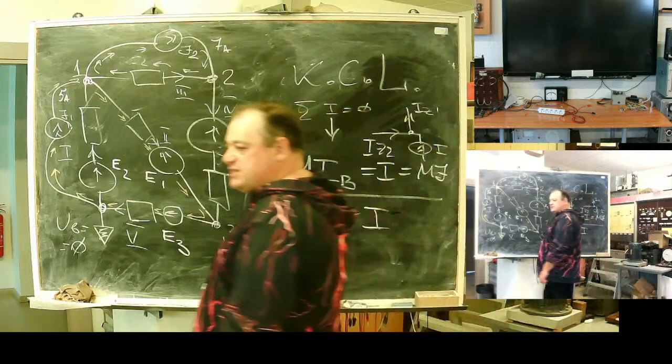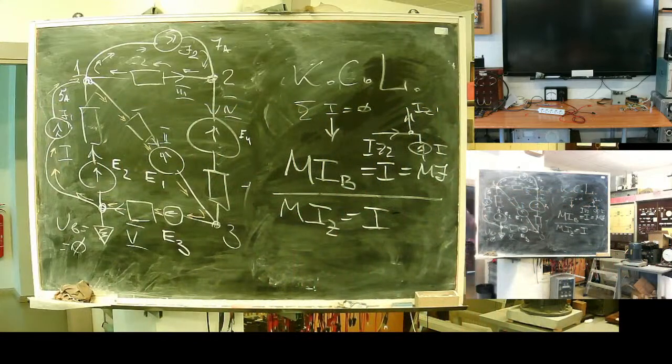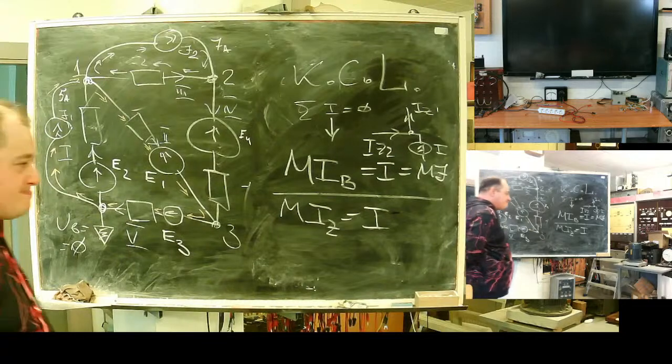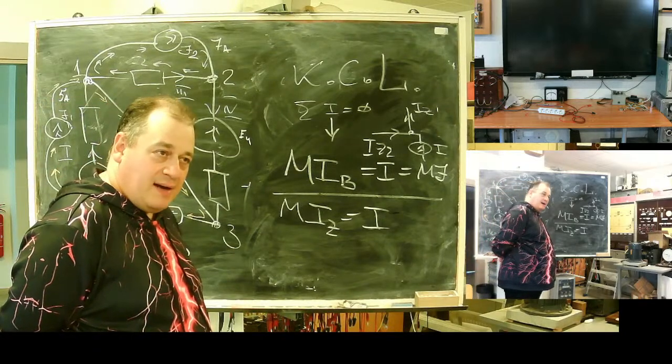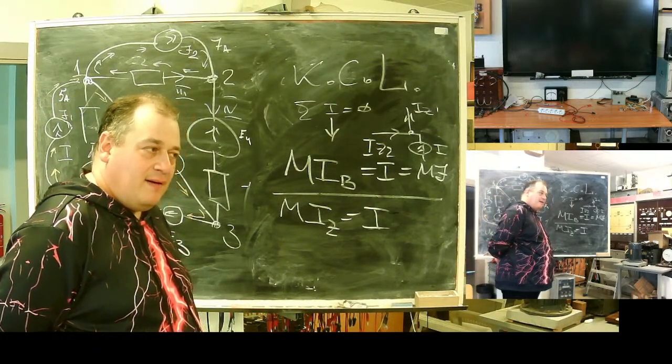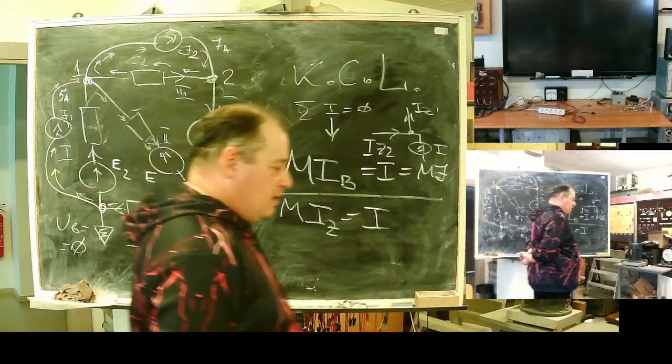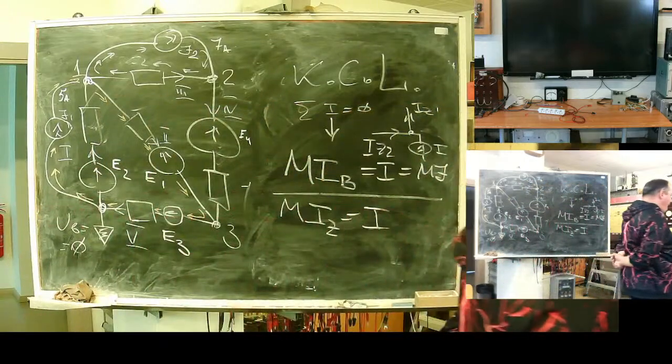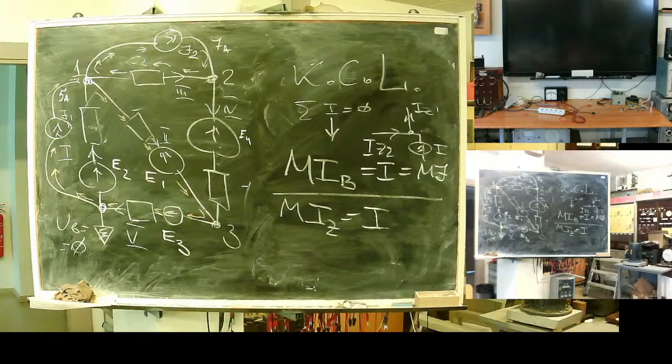But can I solve the network with Kirchhoff's current law alone? How many unknown variables will I get for this network? At first look, as many as there are currents.